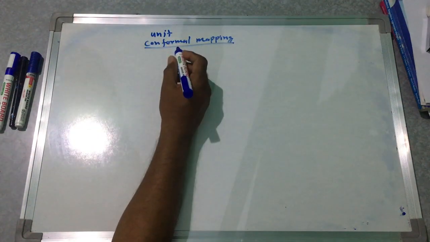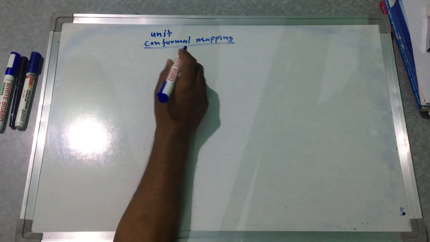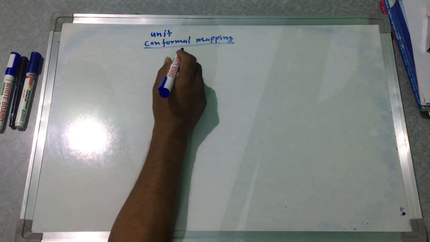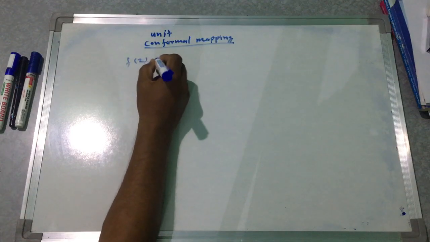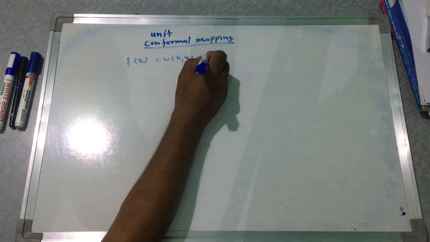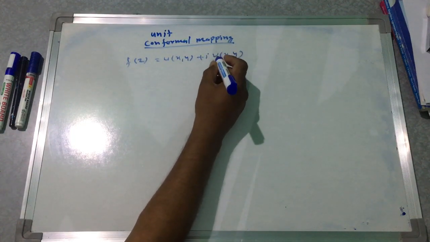So, conformal mapping. We have the analytical view containing the differentiability and analyticity of a complex function f of z is equal to u of x y plus i v of x y.